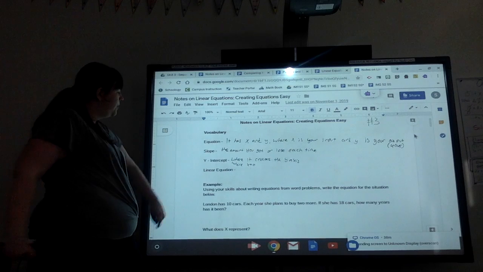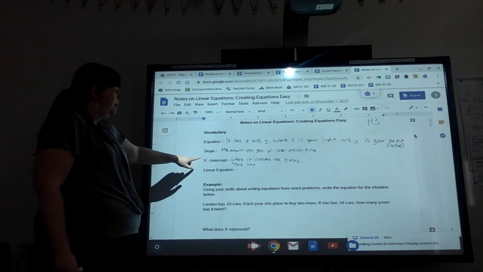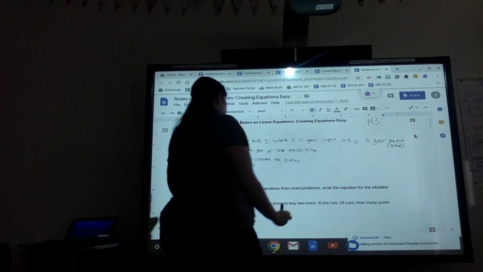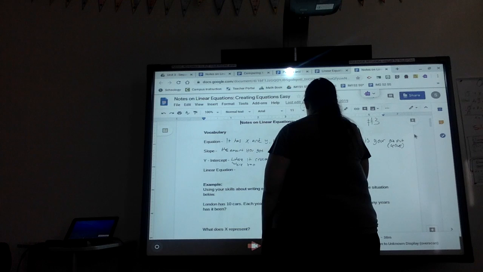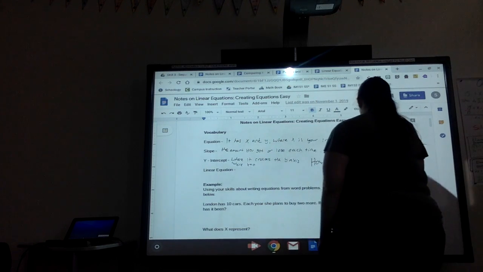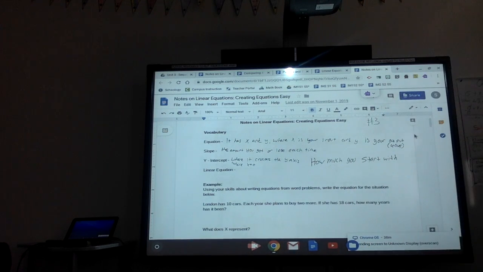But in terms of our situation and what we care about, the definition you really care about right now is the y-intercept is how much you start with. So, big, how much you start with. And so in terms of our situations, that's the meaning of the y-intercept.